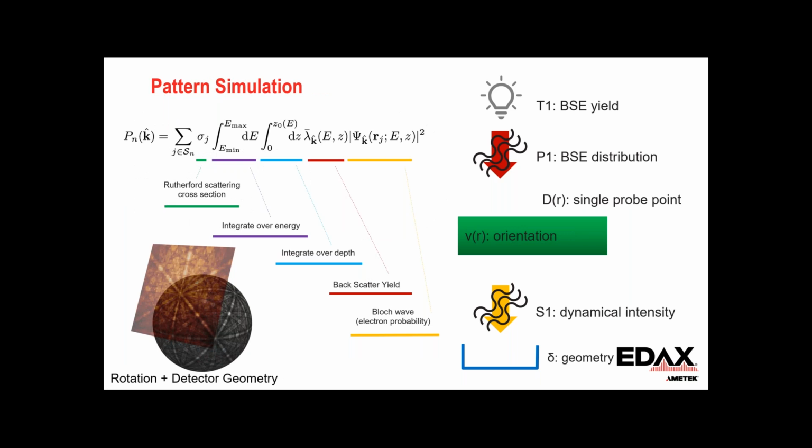And then finally, to simulate the patterns, you basically just loop over all of the different simulations that you've already done and say for each pixel on the detector, what exit direction from the sample hits that pixel, and then work your way back and add up for every energy bin what is the diffracted intensity for that bin and that orientation.